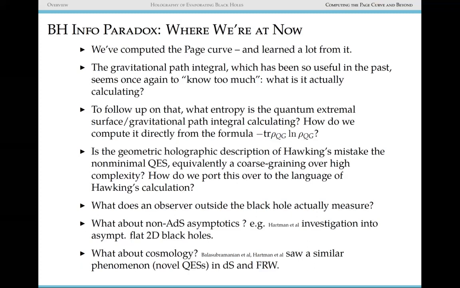So the thing that I did here was ask, what is Hawking's calculation in the language of quantum extremal surfaces? But the thing we really want at the end of the day is what are quantum extremal surfaces in the language of Hawking's calculation. Now, I suspect that they are not there at all in any way. My working hypothesis is the following: semi-classical gravity should be thought of as an effective field theory, but effective in a parameter that applies to the tasks that you're allowed to perform.